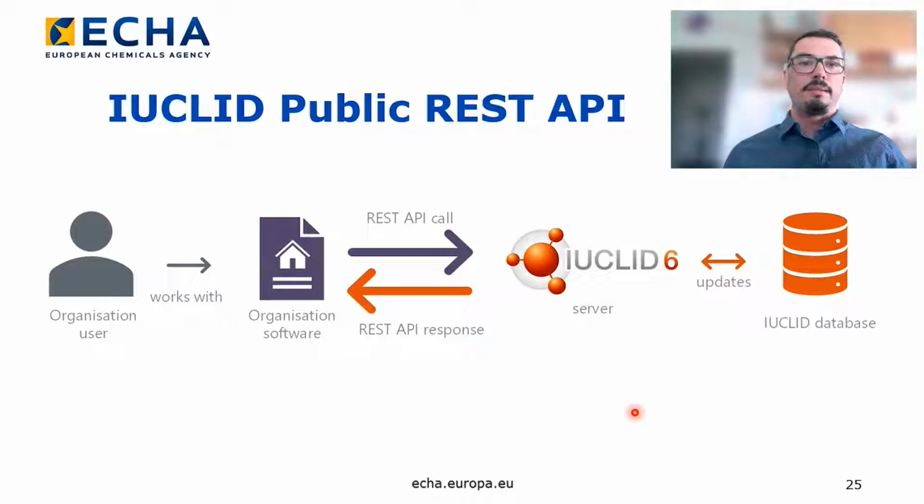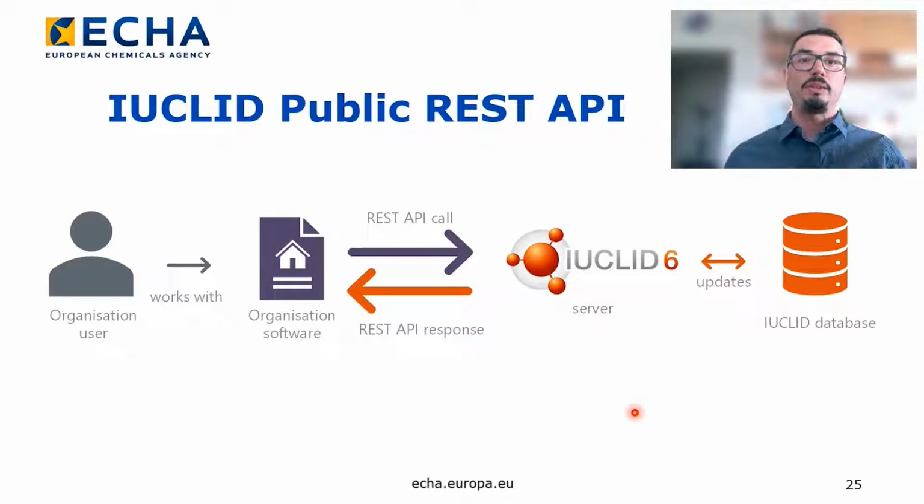But let's give a quick summary of this diagram, in which organization users can work with their own software, that is not developed by ECA, to update the Euclid database.